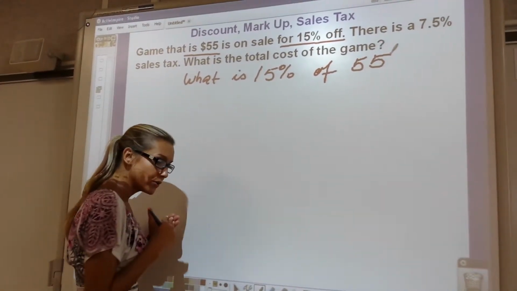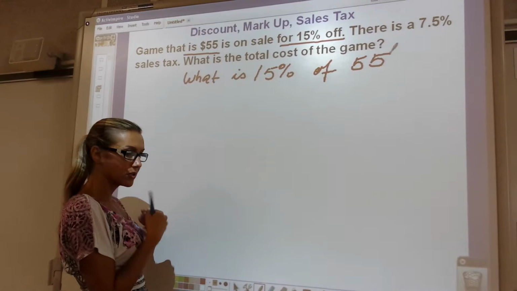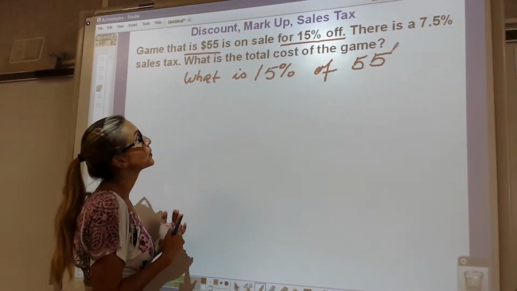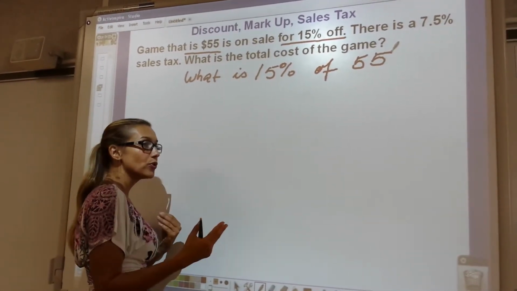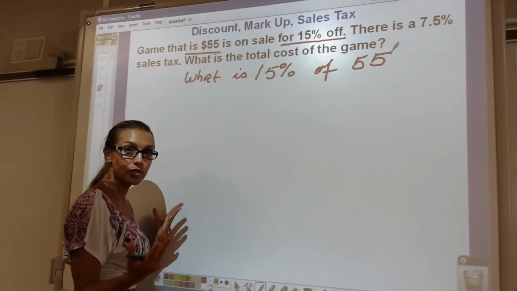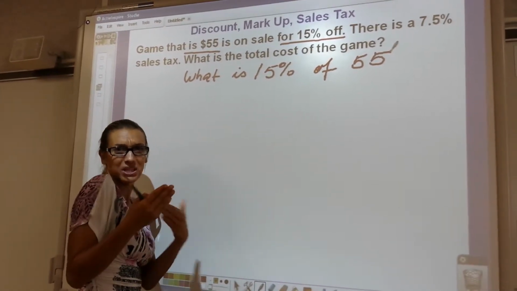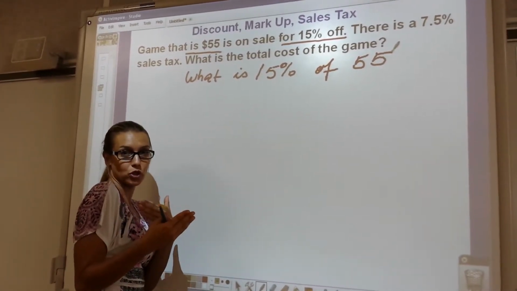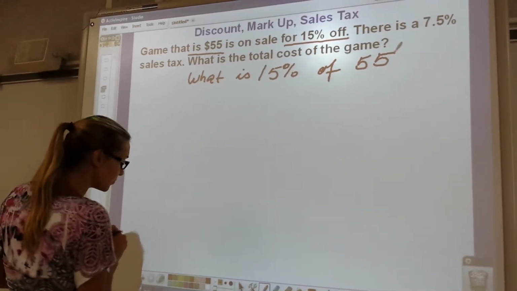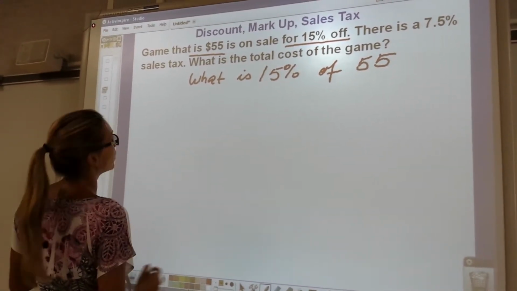We can either use a percent equation or we can set up a proportion. I've done both. We can look at a proportion. We can kind of mix it up so you can pick and choose your own method that you prefer. So let's look at the proportion if I was to do it that way.